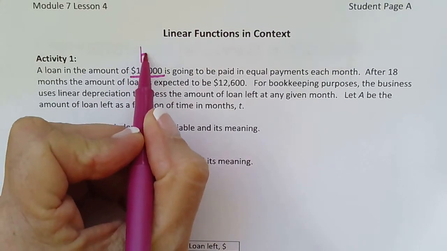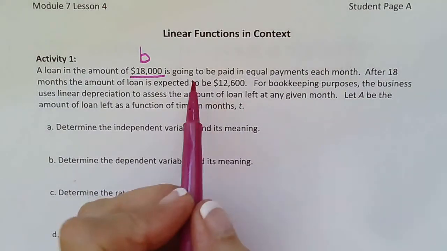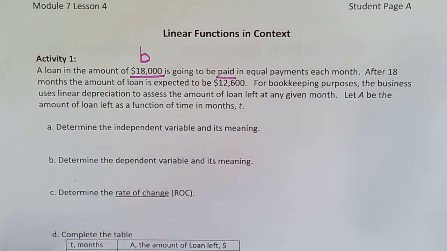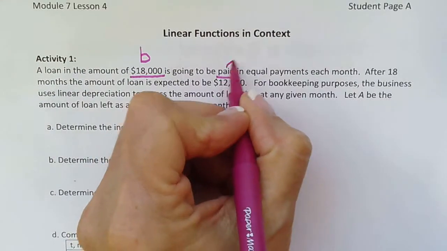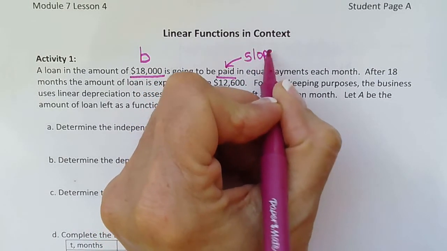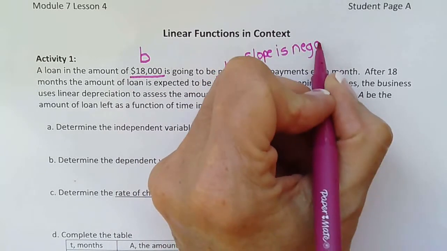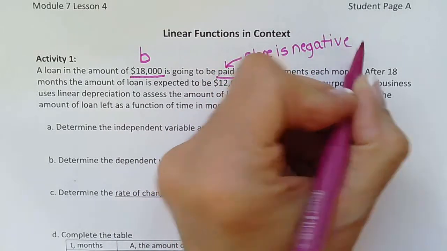Remember how b is the y-intercept, where we start? And when it says paid, that tells me the balance is going to be going down. So I know the slope is going to be negative. Those are the things you should start thinking about as you read.